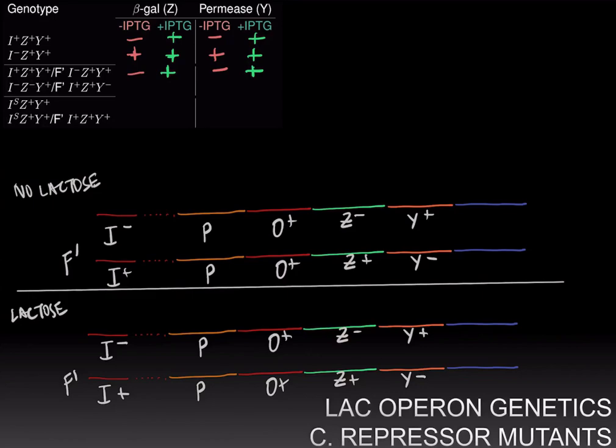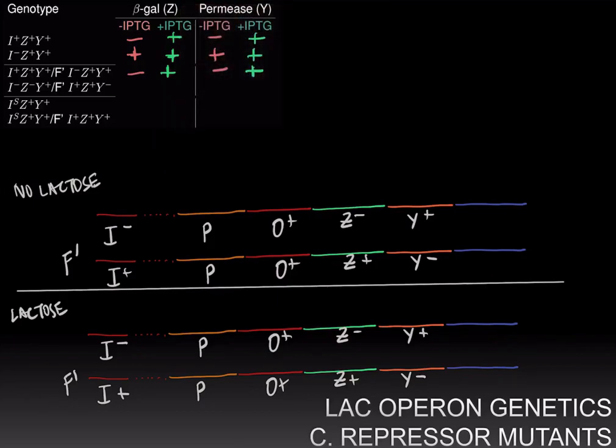should show the I minus phenotype, and that means the permease should be constitutive, whereas beta-gal should show the phenotype of I plus, and so beta-gal should be inducible.